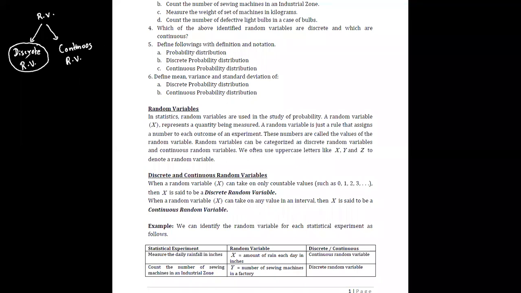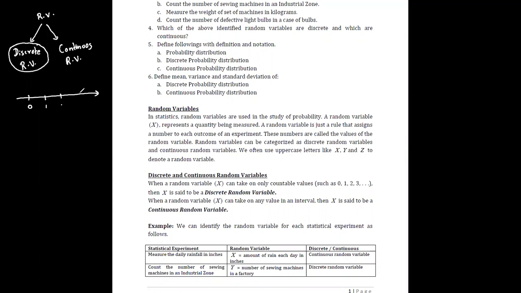If the values that we can assign are countable values, as on a number line where we may have the values 0, 1, 2, 3, 4, then we say such a random variable is a discrete random variable.